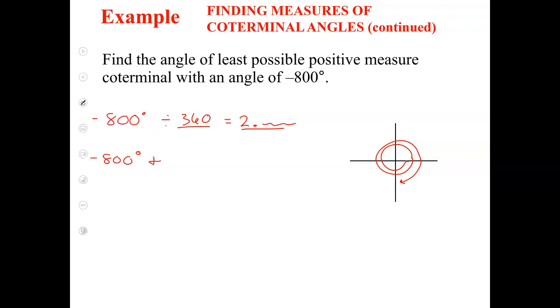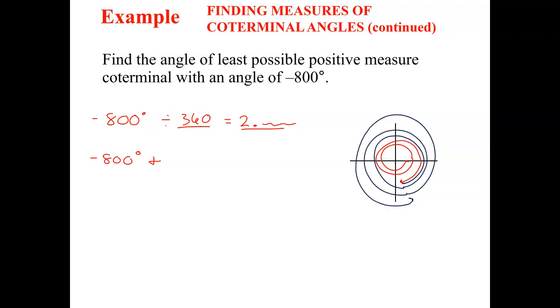So if I want something positive, I have to go once, twice, 3 times around in order to get it to positive. So instead of multiplying by 2, I'm going to do 3 times 360.